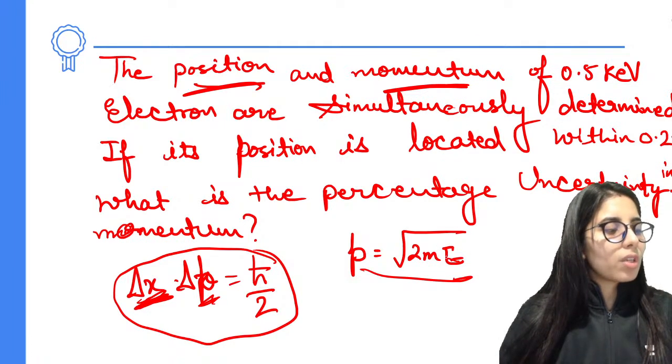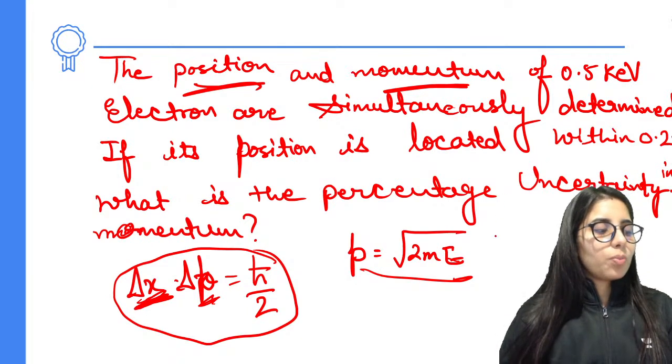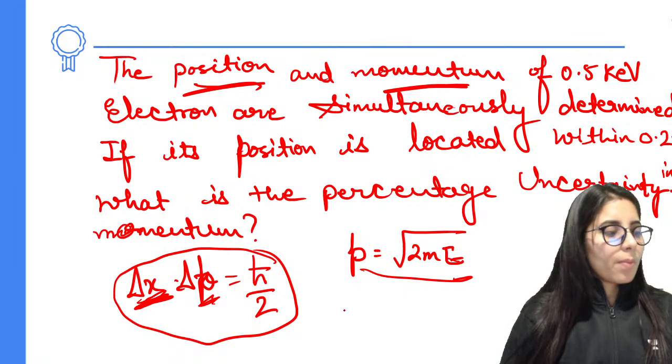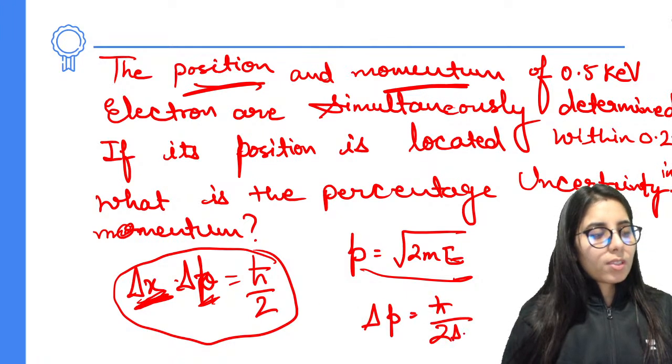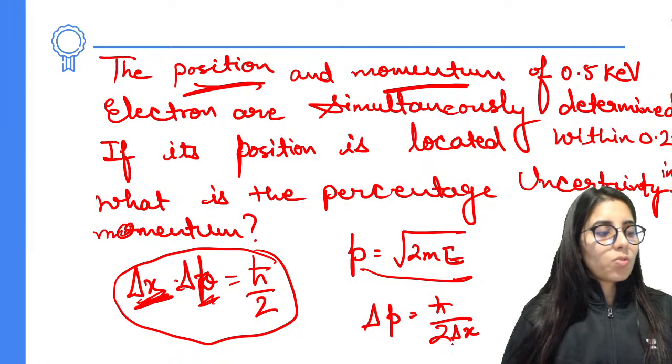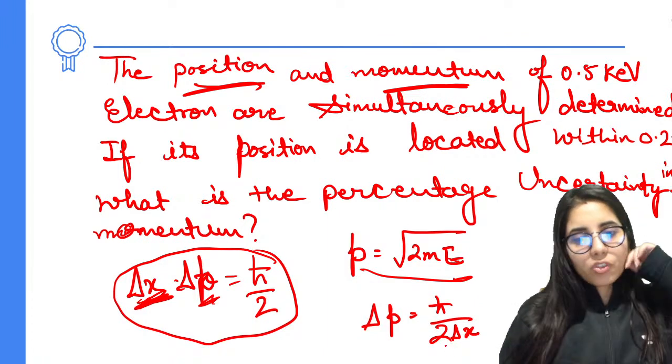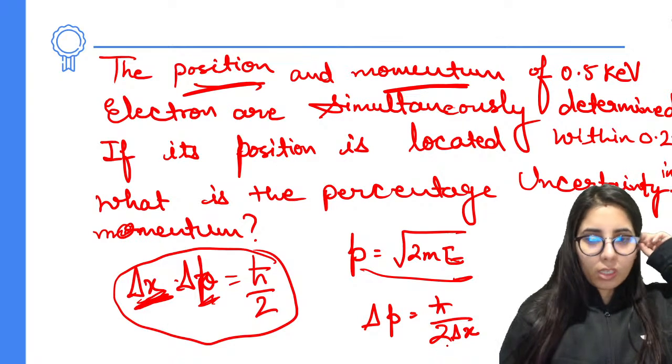By putting the values given here, we can clearly get the p value, and the position uncertainty is given, so you don't have to do anything with that. Just consider the next step, that is delta p is equal to h squared upon 2 delta x. That's it. Put the delta x value, put the h squared constant value, 2 and all, and you will be getting the answer.